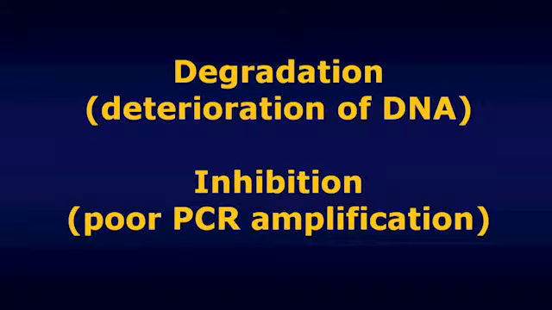Bottom line, DNA doesn't get amplified as much as it would have in the absence of those chemicals, those inhibitors. And since they don't get amplified as much, we see smaller peaks. Funny thing, the bigger a fragment of DNA is, the better a target it is for degradation, and the more likely it is to be affected by inhibitors during the amplification process.